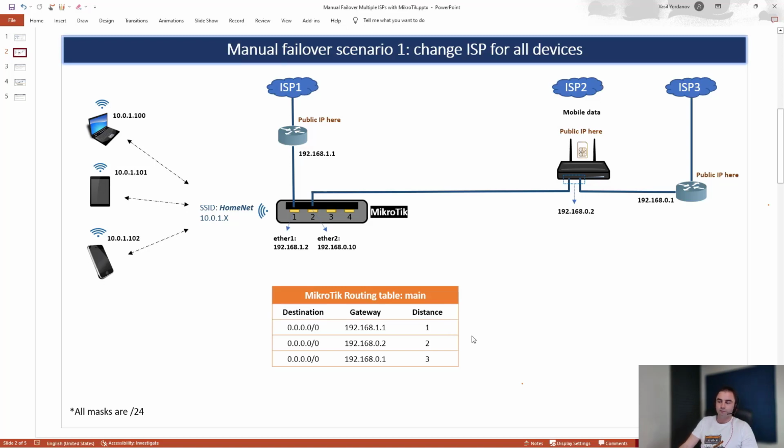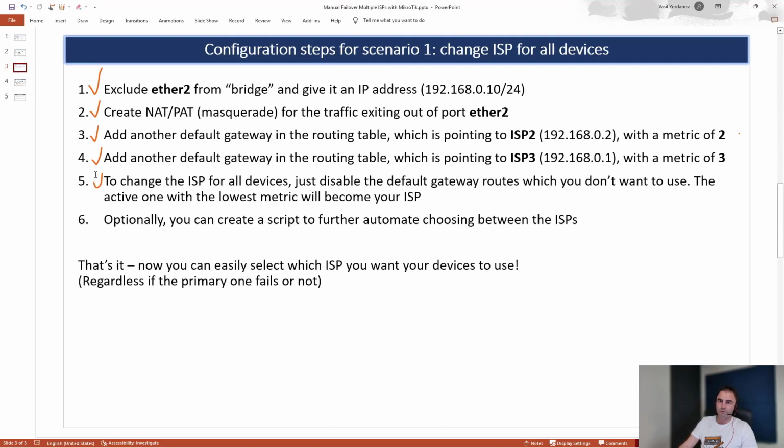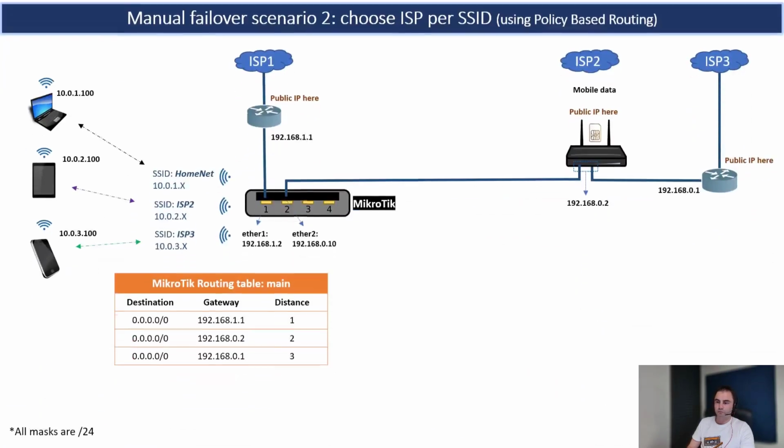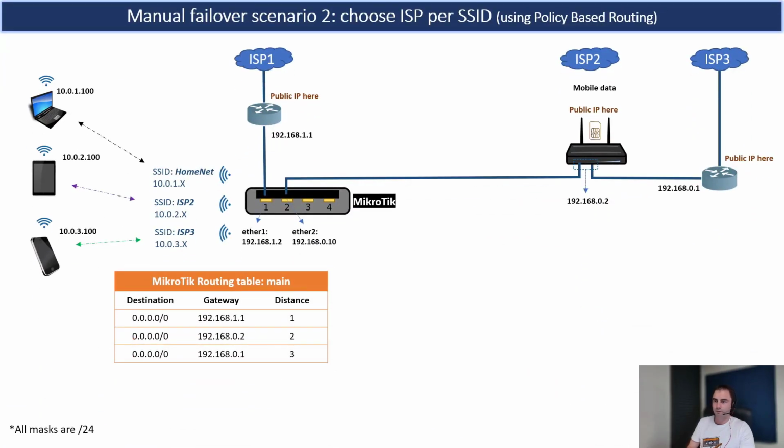The lower the number, the more preferable the route. And I'm changing the ISP for all the devices simultaneously. Now we did all of these steps, and of course I did this one as well with the script, and it went quite well. But now we are building something on top.